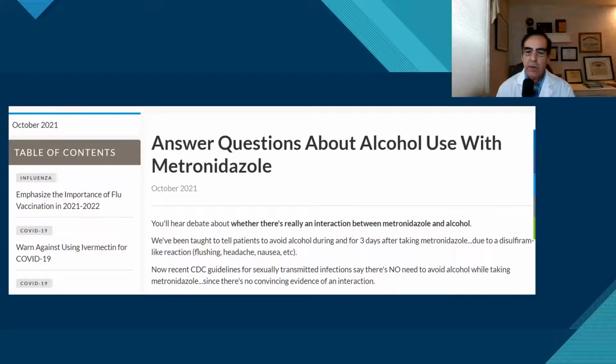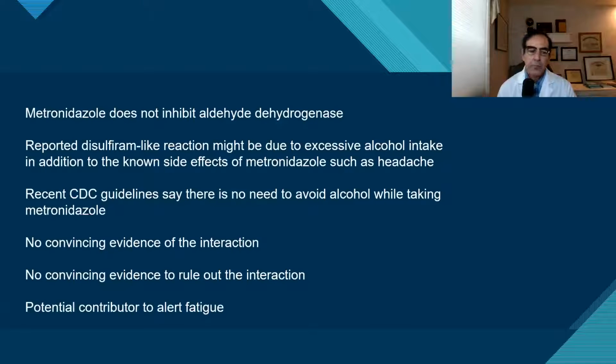But recent research has shown that maybe this is not really a true interaction. What they found recently was that metronidazole does not inhibit aldehyde dehydrogenase, so it probably does not have that disulfiram-like reaction.